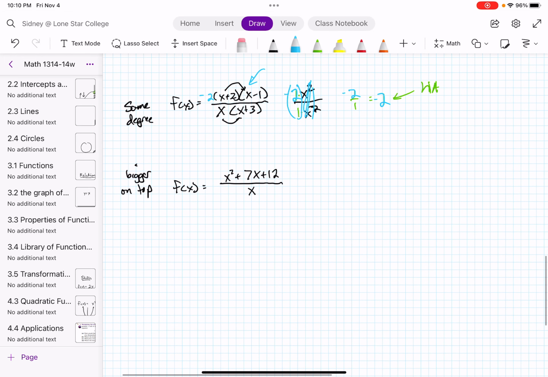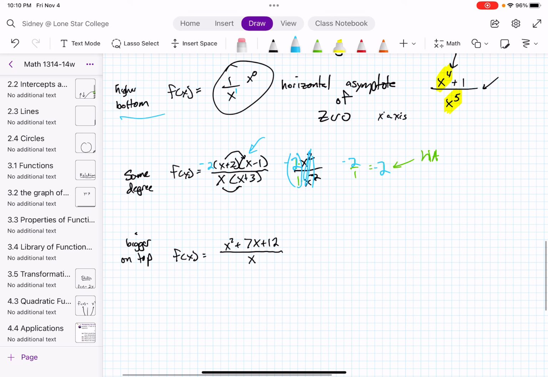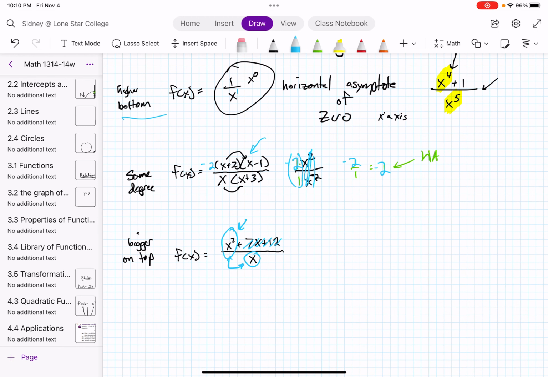Lastly, we have when the higher degree is on top. This is kind of the reciprocal of the higher degree on the bottom. This is an x squared term and this is an x term. Granted, there's all this other stuff, but it's inconsequential when x gets really large. These two, the leading terms, are the ones we pay attention to. And what I know is this: x squared will always be bigger than x, which means this is growing faster than that, which means this will go off to infinity. It will become infinitely big.